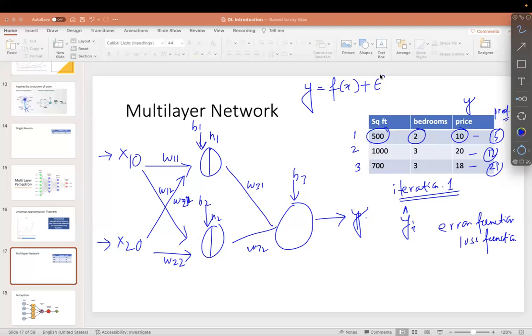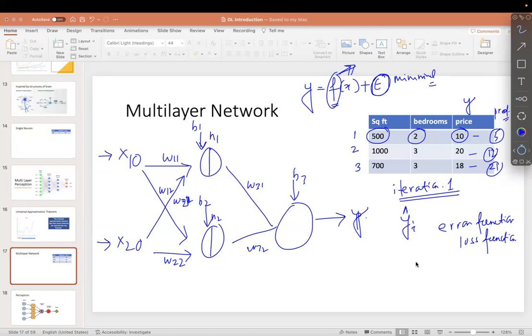As long as this error is minimized through some mechanism, then we know that we got the optimal function, which can approximate the y value, and that we can leverage to predict in future. That's our model. Models will never be exactly y, they will always approximate y with some amount of error. But as long as this error is minimum acceptable, then we can take this model as the most optimal model. That's why we need to define what this error is.